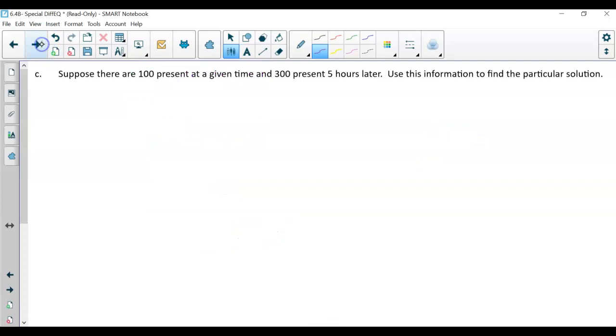We're going to take this constant, okay, and we're going to take this n in terms of t equals C e to the kt, and we're going to use this information to find the particular solution of this differential equation. And suppose there's 100 present at a given time and 300 present 5 hours later.